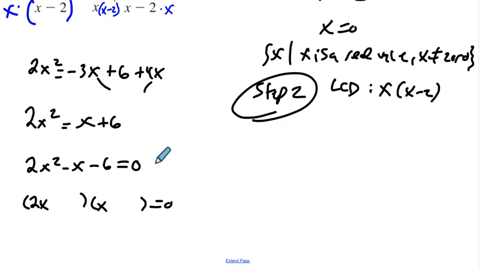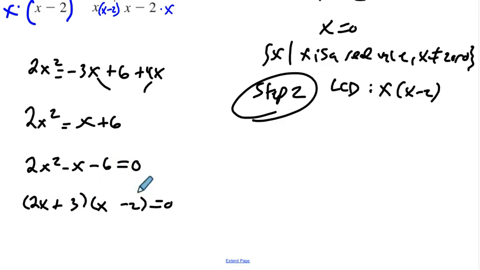I guess that would just be x, 2x. Let's see, that would be a 3 and a minus 2. Let me see if that works out. It's 2x squared, so that gives us negative 4x, and that gives us a 3x. Yeah, so that gives us negative x, right? Because negative 4x plus 3x is that, and then 3 times negative 2 is negative 6.